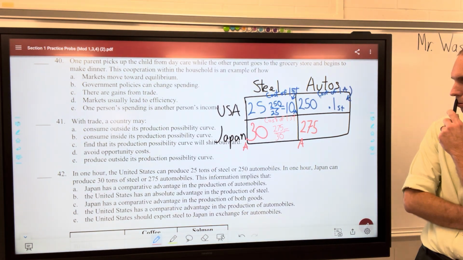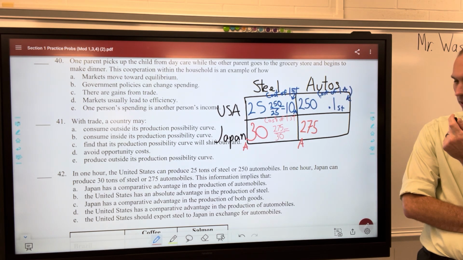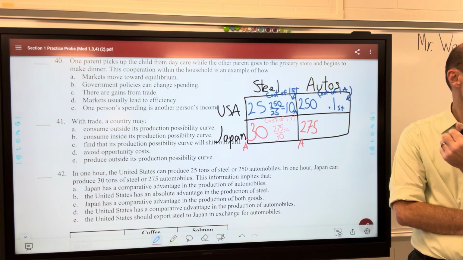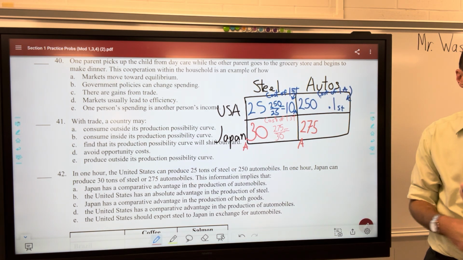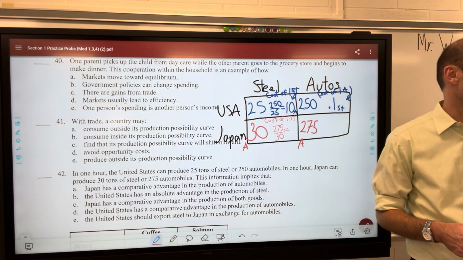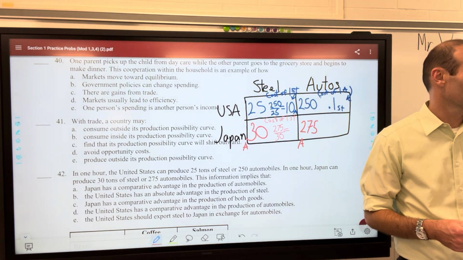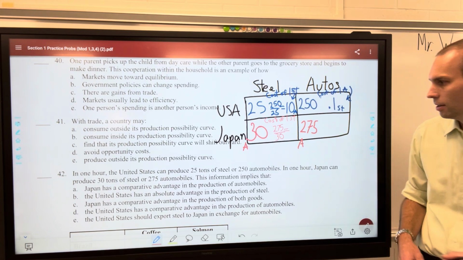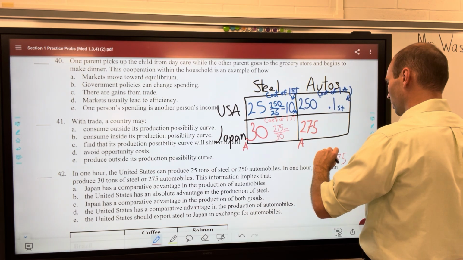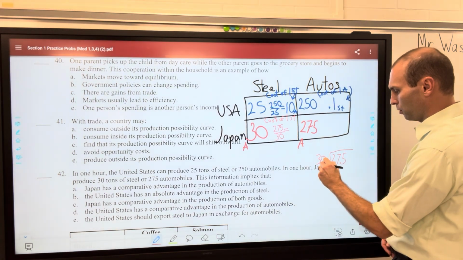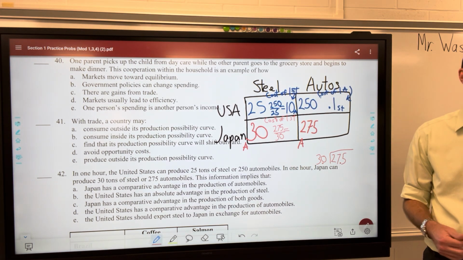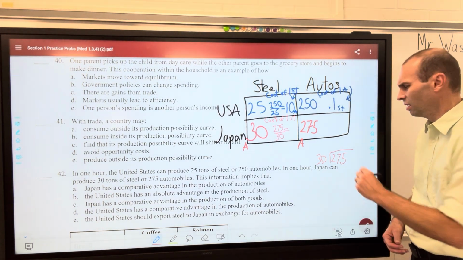Ooh, that's a good one. So 9-ish? Yeah, like 9 with point something. Like 9.16 repeating. Okay, so you can use a calculator, or you can just do what? 30 into 275. We go up here, we're going to move the decimal over, so we get rid of the 0. 3 goes into 27 how many times? 9. Sorry, 9!